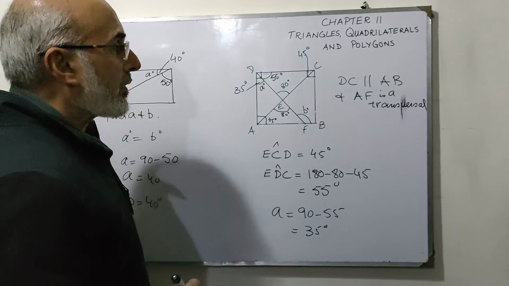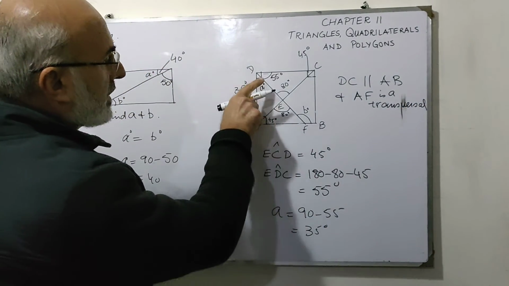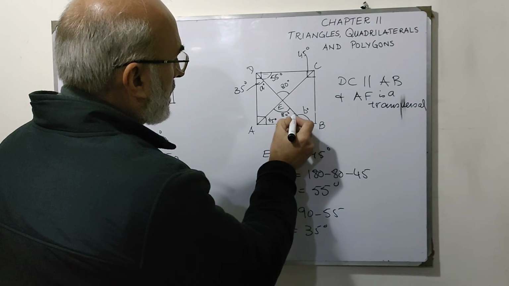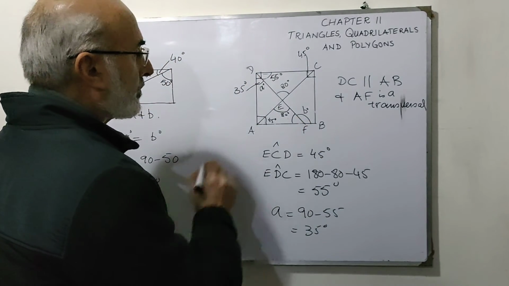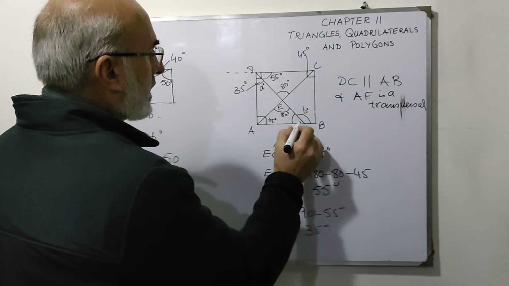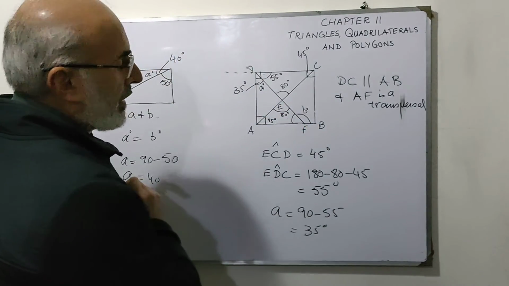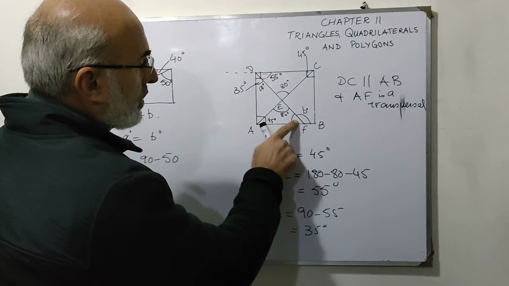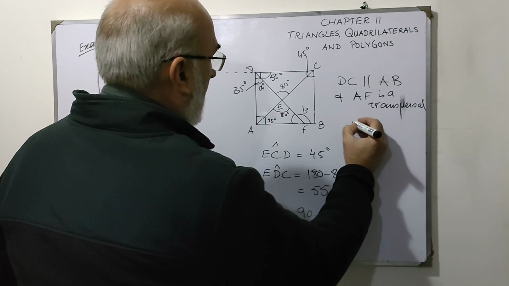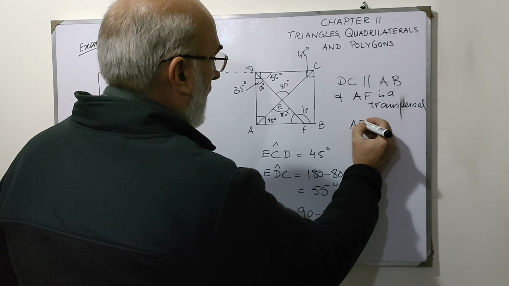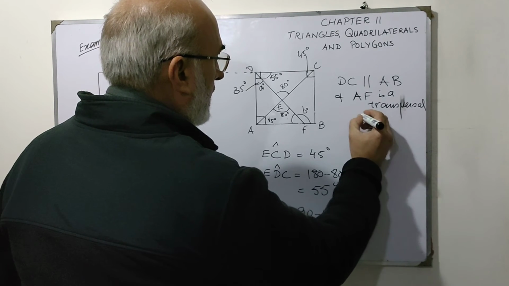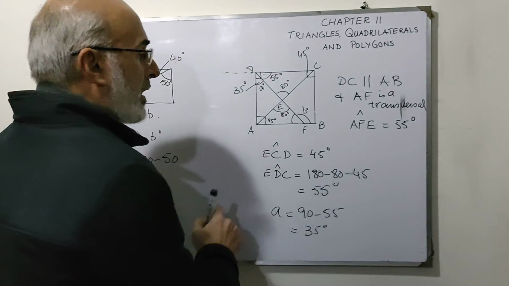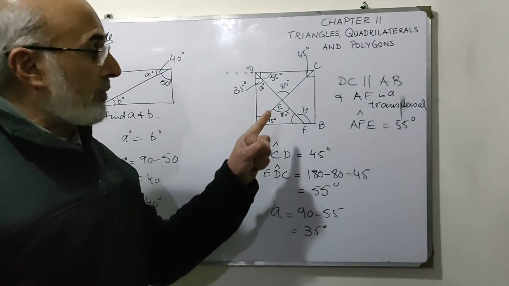Okay, so if this is 55 degree, this is also, you can just extend this so that you are familiar with what I am talking about. So if this is 55, this is also 55. So angle AFE is of 55.